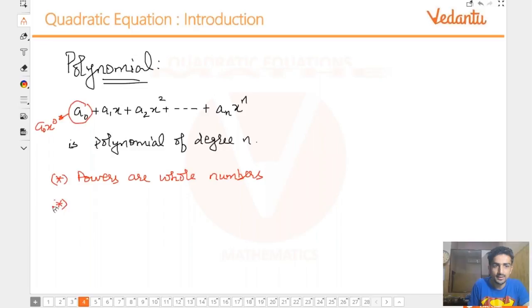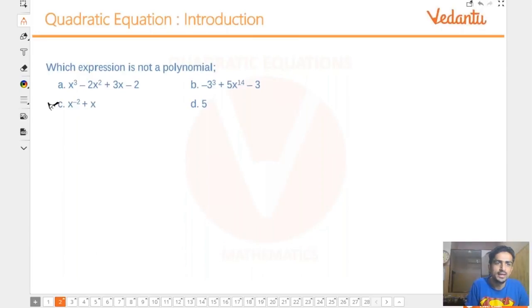Second criteria, there is one more criteria. But before going to the second criteria, using only this criteria, let me come back to the previous two examples. Here this is not a polynomial because the power is negative. In polynomials, the power cannot be negative. Power has to be a whole number: 0, 1, 2, 3, and so on.